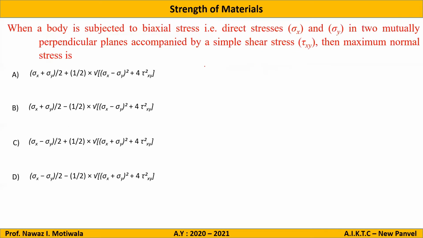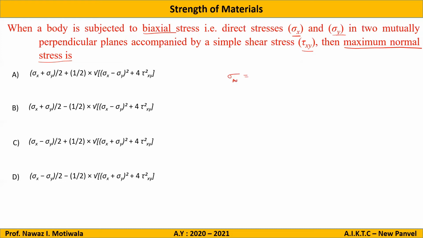Then next, when a body is subjected to biaxial stresses, direct stresses sigma x and sigma y in two mutually perpendicular planes, accompanied by shear stress tau, then the maximum normal stress will be. In the previous slide, we saw the maximum shear stress. Now we will see the maximum normal stress. Again, I will write the formula.